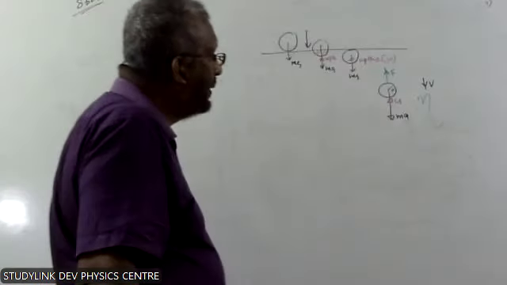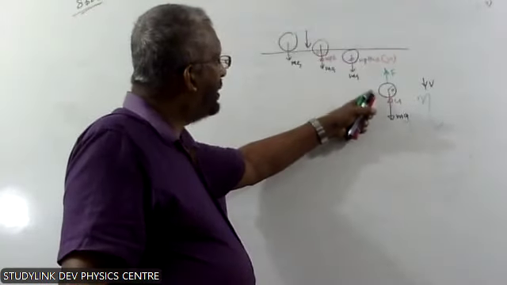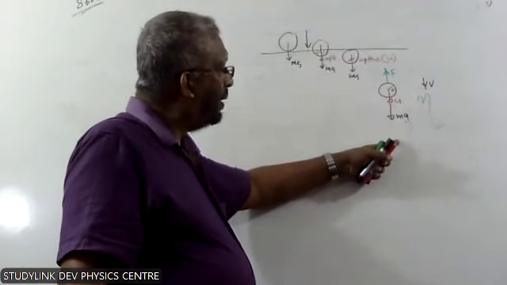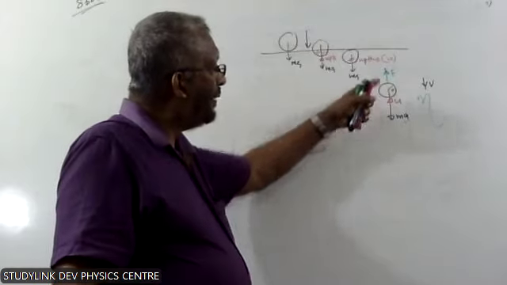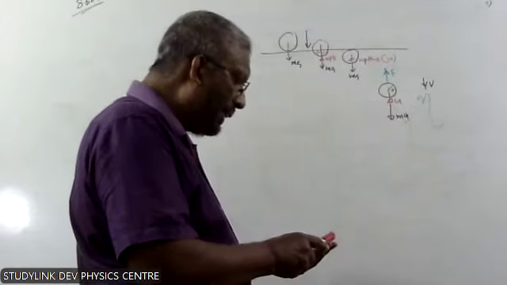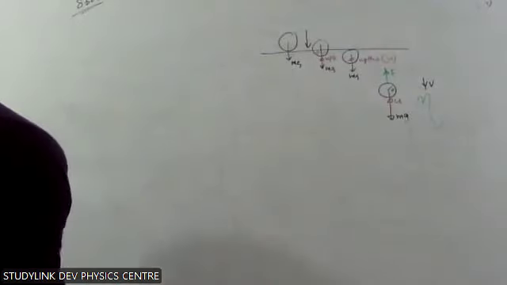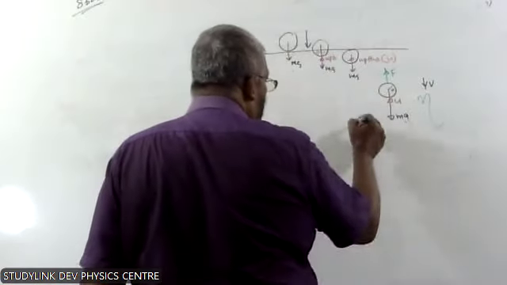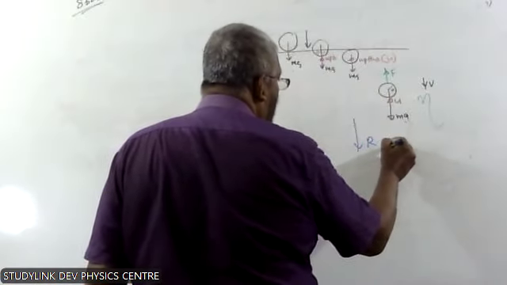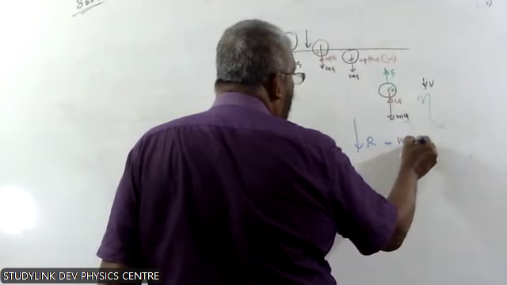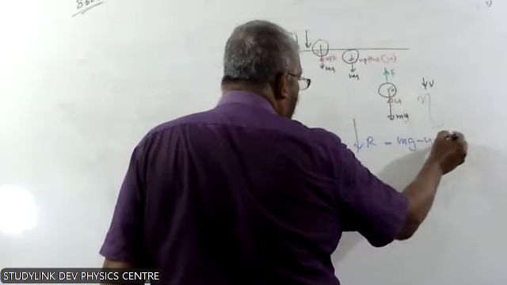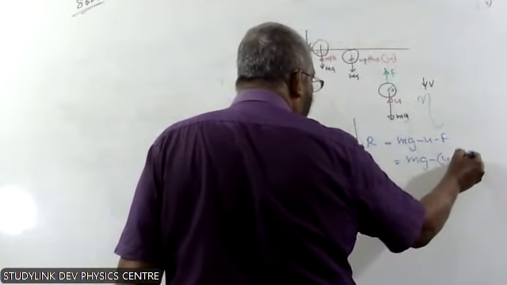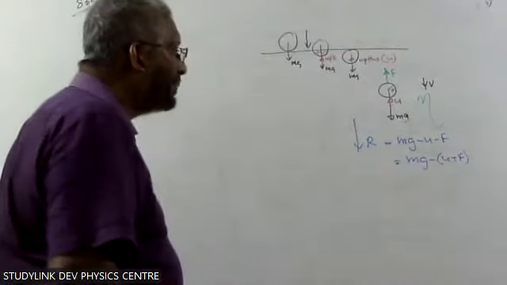Now look, when you consider this situation, I explain how it comes. There is mg downwards, U upwards, F upwards. Then there is a resultant force downwards. The resultant force downwards is equal to mg minus U minus F. In other words, mg minus (U plus F) within brackets.